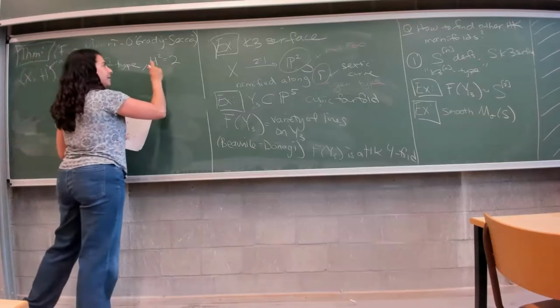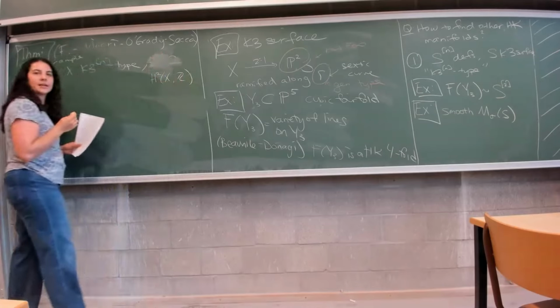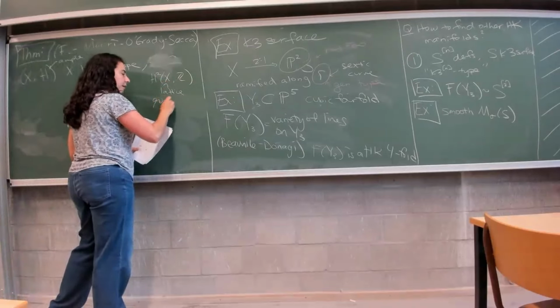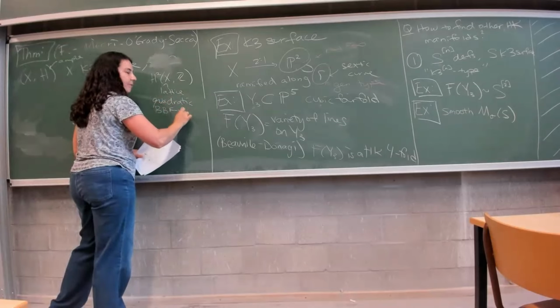If I look at the lattice H^2(X,Z), it has a quadratic form on it called the Beauville-Bogomolov-Fujiki form.